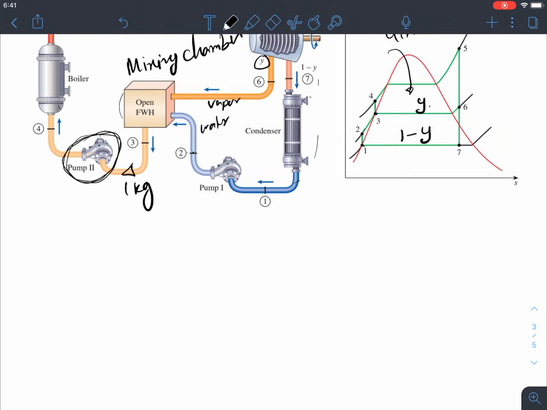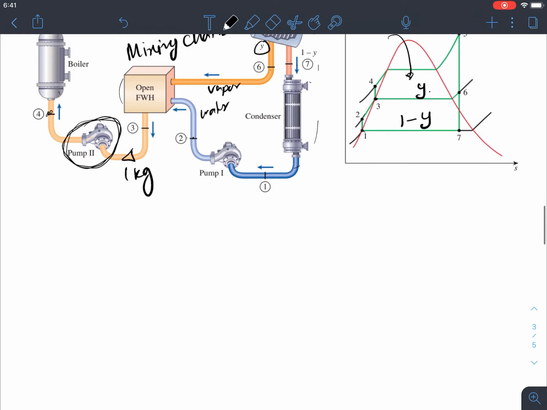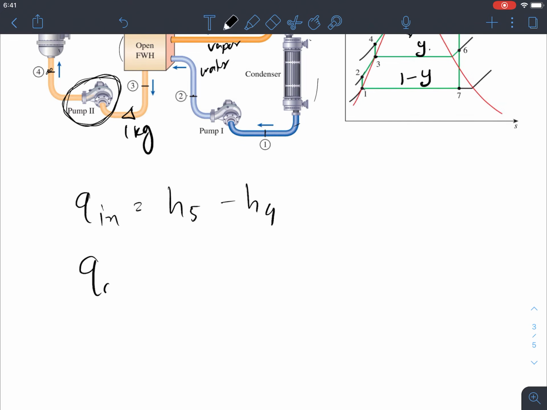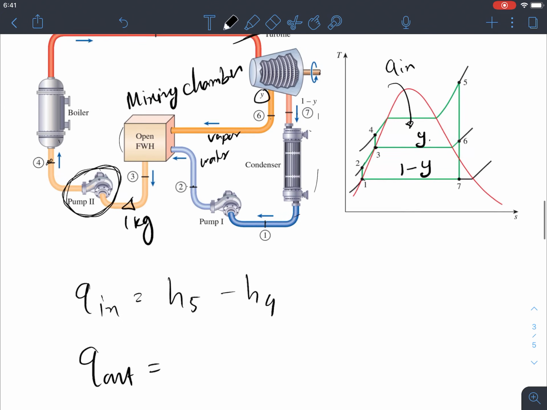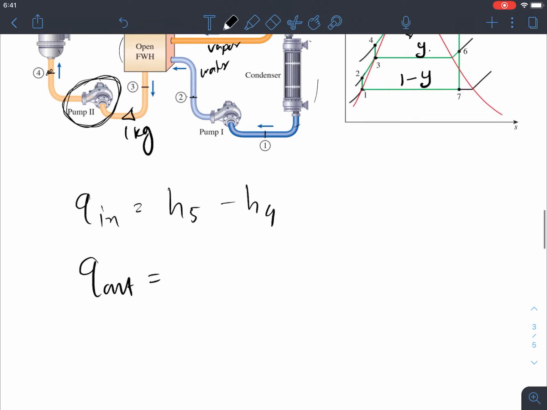So let's take a look at the Q in. Where is the Q in happening? Right here, 4 to 5, right? So the Q in equals H5 minus H4. And then Q out, where is Q out happening? Q out is happening right here, the condenser as well as the open feed water heater, right?